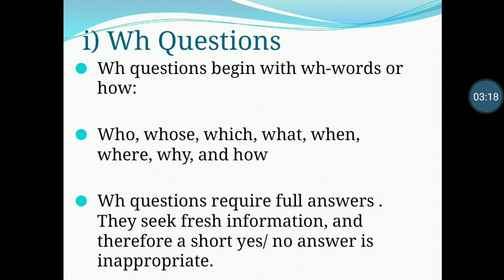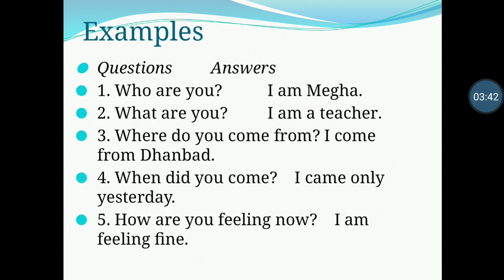So we already know that WH questions begin with the WH words or how. WH questions are otherwise called information questions. So these WH questions require complete information. We cannot give a short yes or no to these WH questions. If we give yes or no to WH questions, the answer is inappropriate.